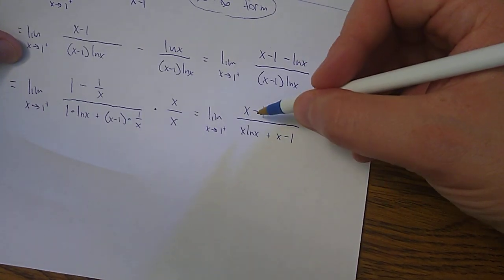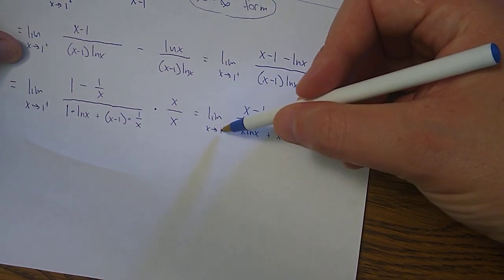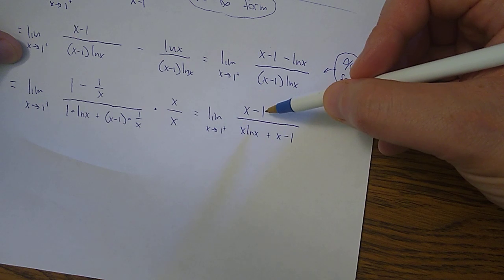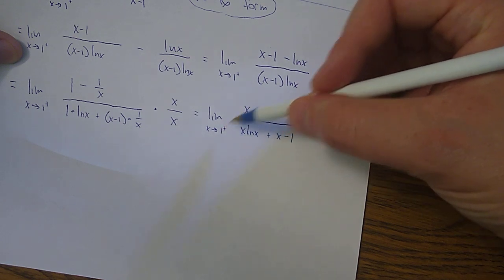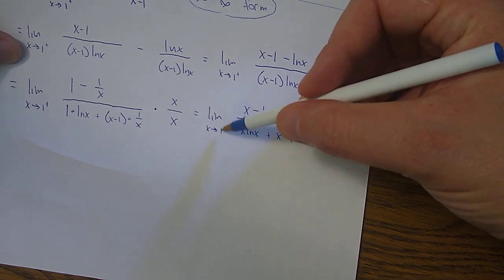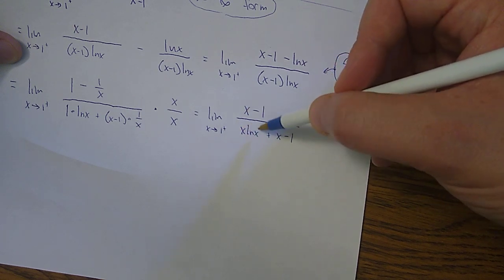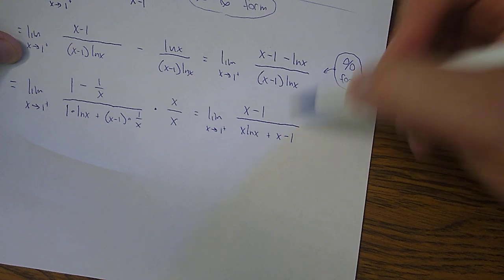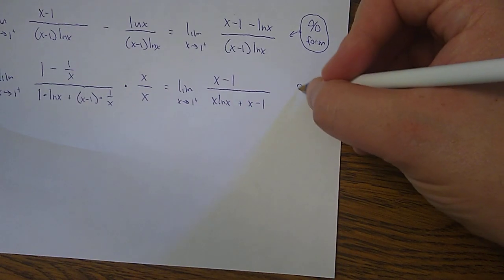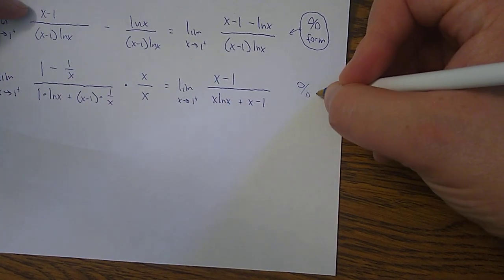Okay, and I can try this again. If I try to plug in x equals 1, I'm just hoping for a miracle and hoping that something changed. But if I plug in x equals 1, I still get 0 on the top, and on the bottom I get 0 plus 1 minus 1, which would be 0.